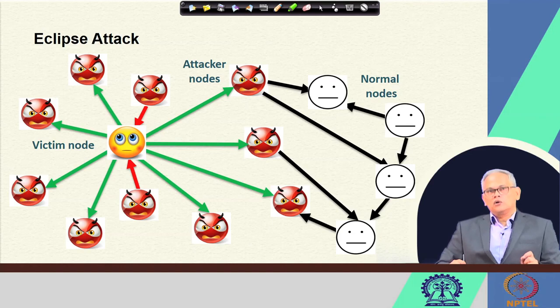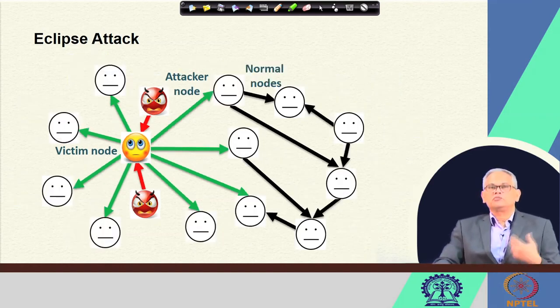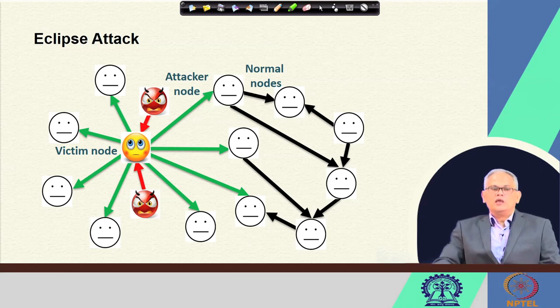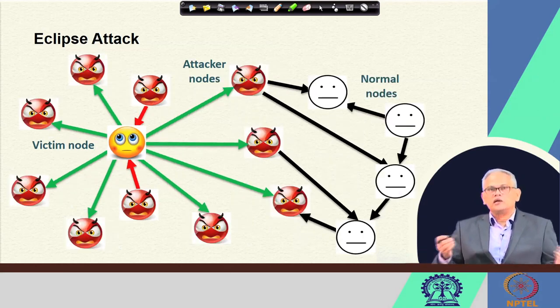The attacker starts with maybe one or two nodes first being peers of this would-be victim node, which now is going to be the victim. After that, it will ensure that this victim node will not be able to communicate with the outside world except through these peer nodes, which are all controlled by the attackers.